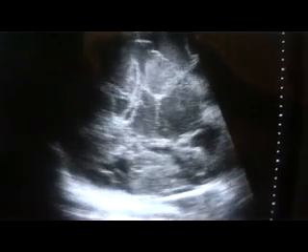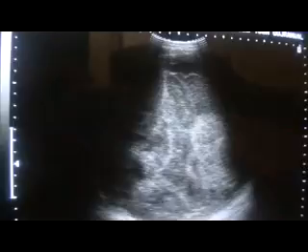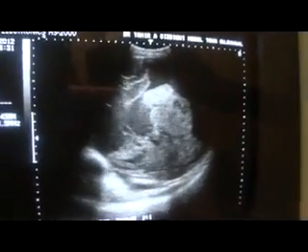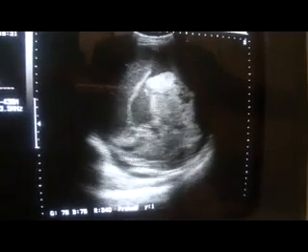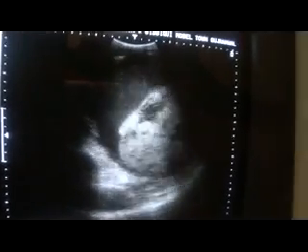So by ultrasound parameters, what can we say about this mass is that there is a huge mass extending from the epigastric region to the suprapubic region, expanding on both sides of the midline. It crosses the midline, and more on the left side than on the right side.